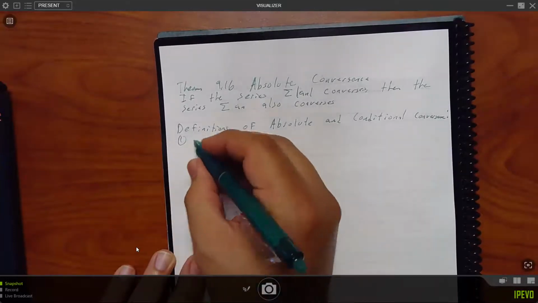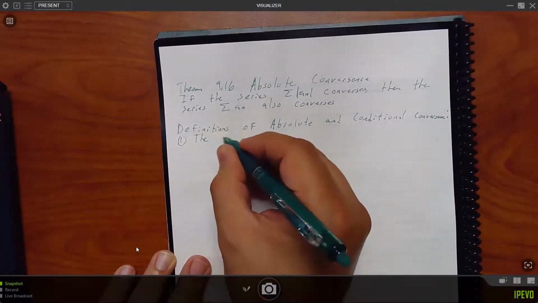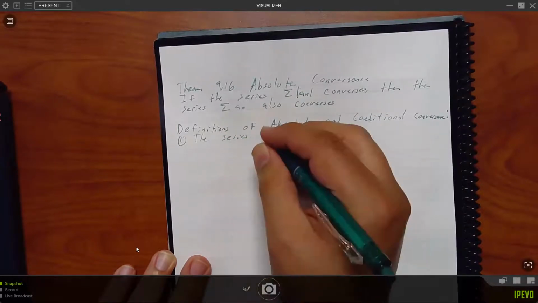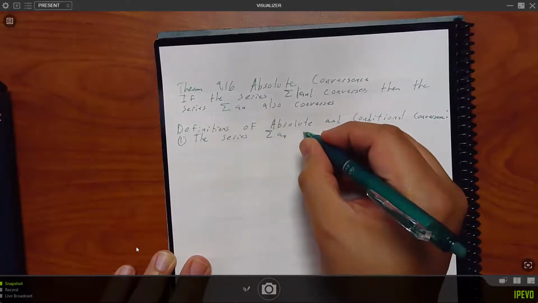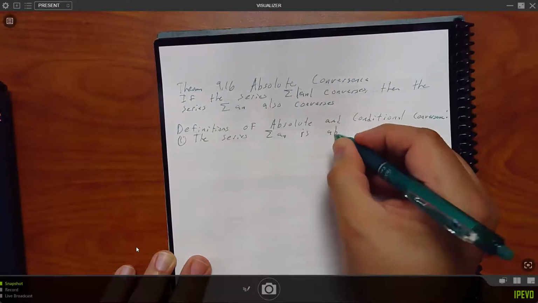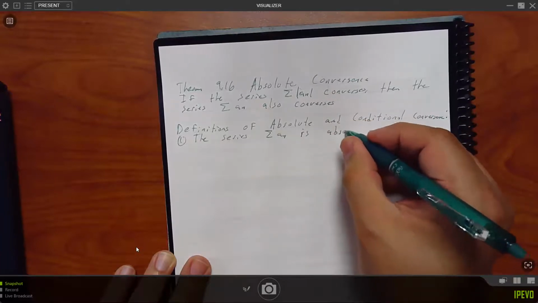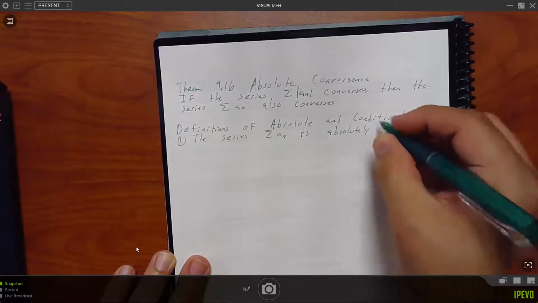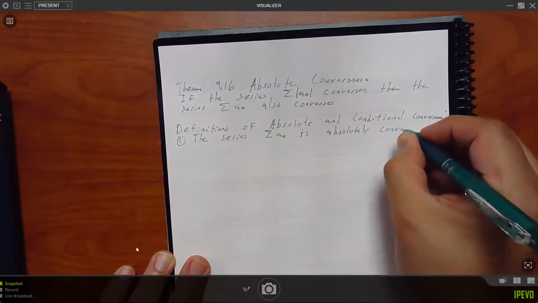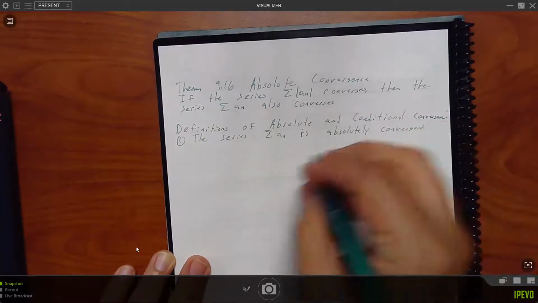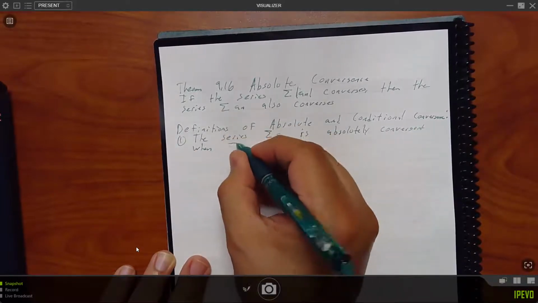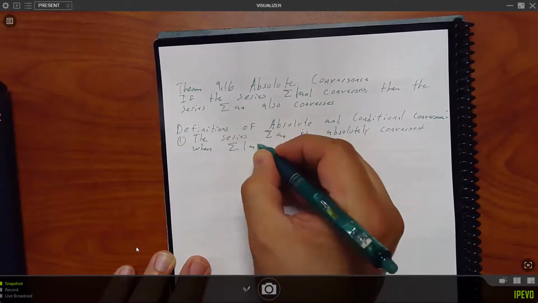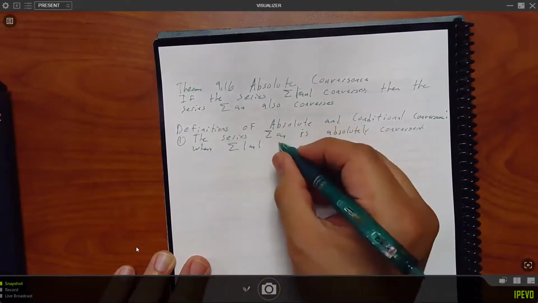Number one, the series of A sub n is absolutely convergent when the absolute value of that series converges.